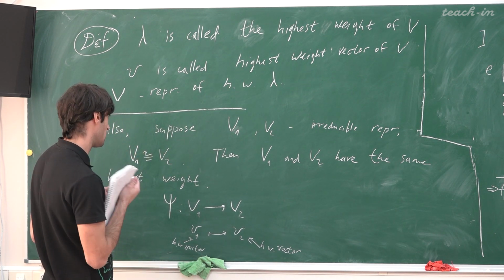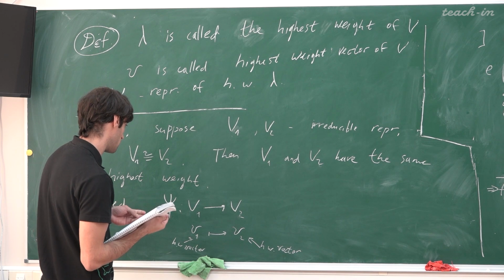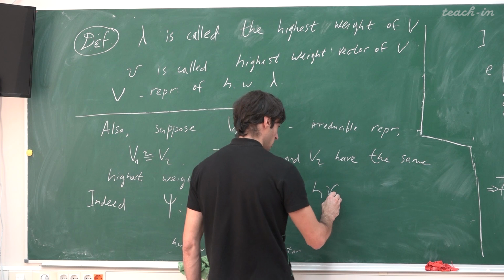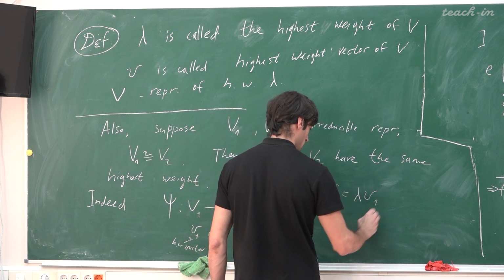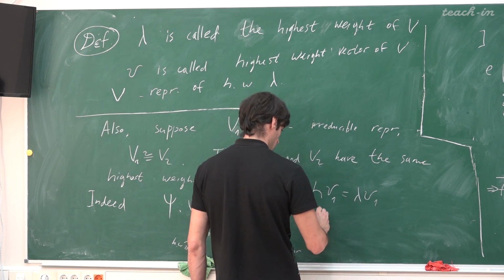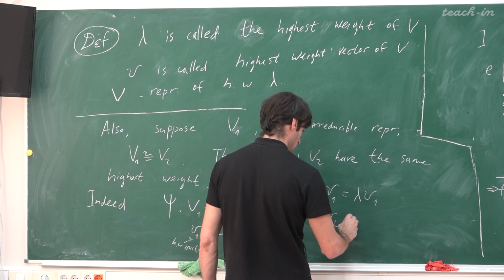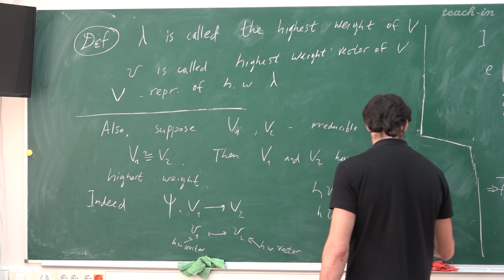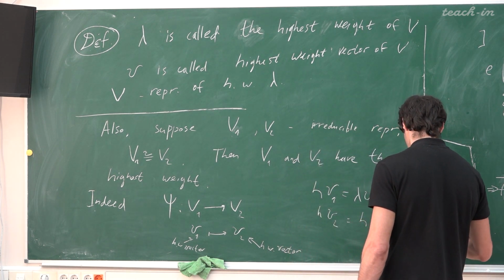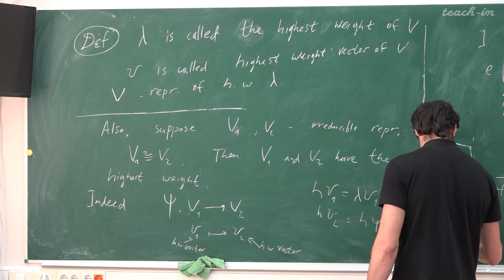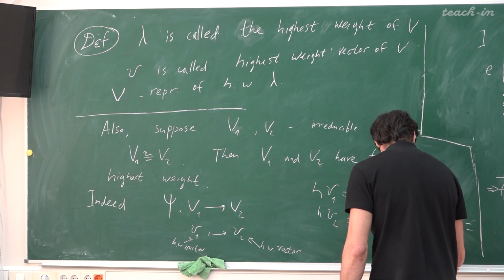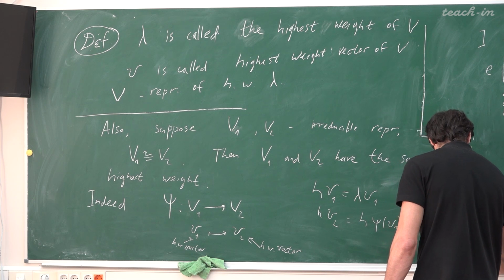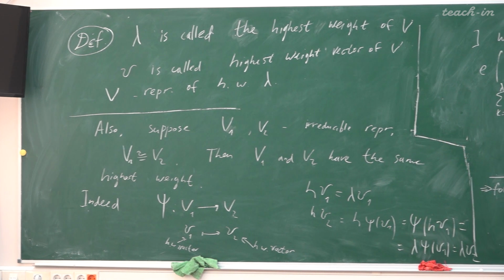Therefore, if I have Hv1 is lambda v1, then Hv2 is H psi of v1, which is psi of H v1, and this is lambda psi of v1, which is lambda v2. So the highest weights are the same.